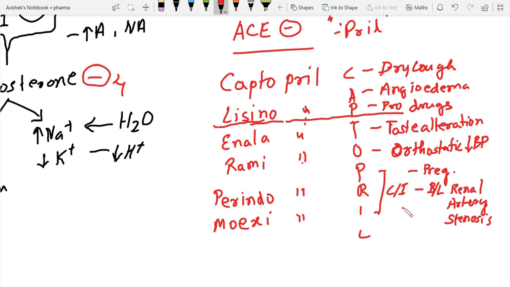And the third one, they increase potassium, so contraindicated in hyperkalemia. They have low risk for diabetic nephropathy.